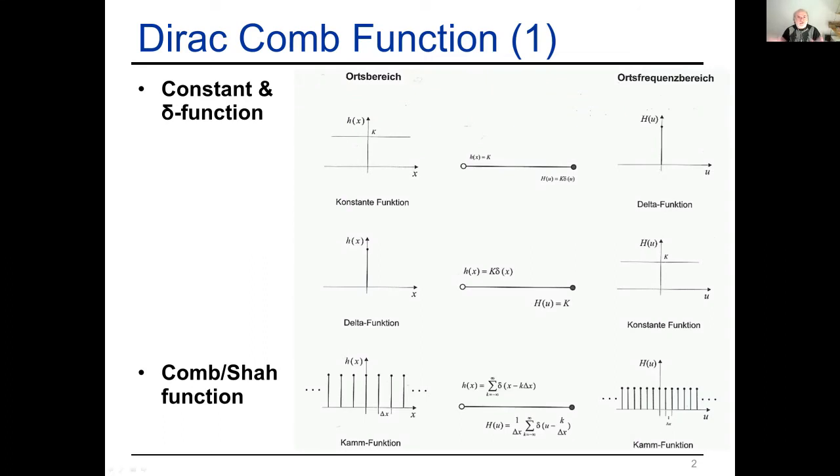So there is this inverse relationship. If you have an infinitely thin box function, which is essentially what the delta function is, you squeeze the box to 0 width while at the same time scaling it in the y direction with the inverse scale factor, so to say, then you end up with a box that is infinitely wide. And so the Fourier transform of the delta function happens to be the constant function, and vice versa.